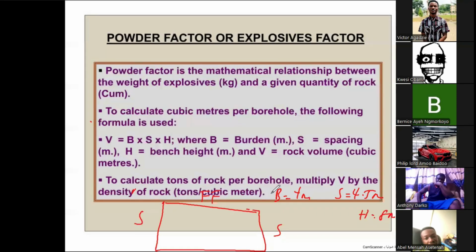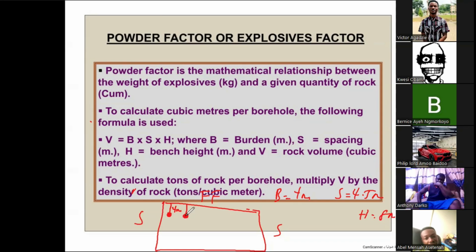So you know bedding is always with respect to the free face. If you move 4 meters away from the free face, that is your bedding, 4 meters. Then you have one hole here. Then if you move 4.5 meters away from this hole and still 4 meters away, you have another hole here.